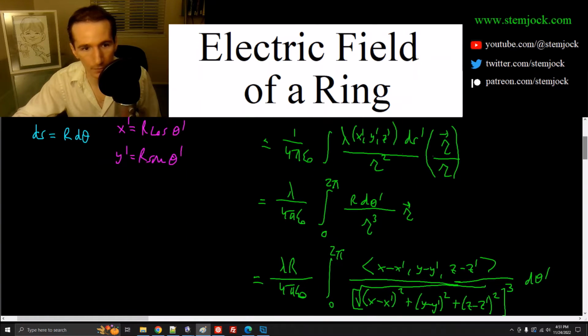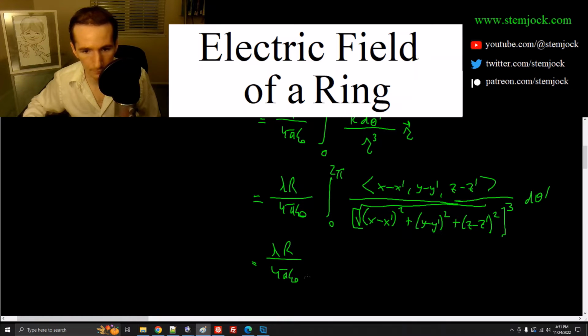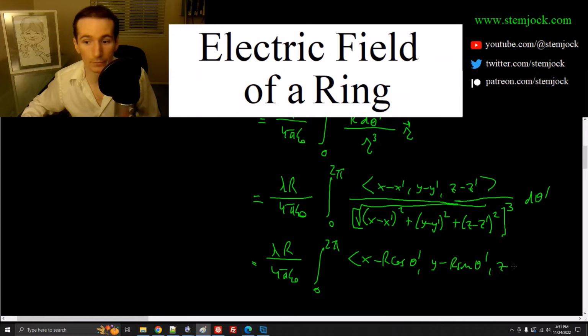So if I plug in these relations here into this integral, lambda R over 4 pi epsilon 0, integral 0 to 2 pi, this is going to be x minus R cos theta prime, y minus R sine theta prime, z minus 0, because the ring lies in the plane. So this becomes just z, and now over.